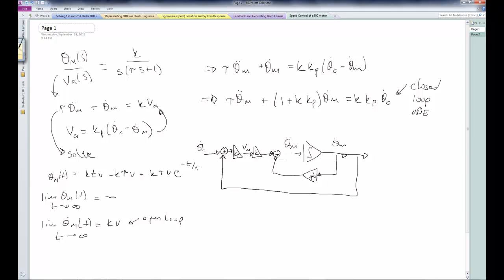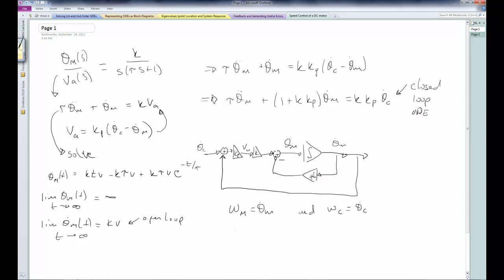And so notice that this differential equation represents this block diagram. So I'm going to go ahead and solve this now with MATLAB, but before I do that, since I'm really not interested in theta m, I'm going to make the substitution that omega m is equal to theta m dot, and omega c is equal to theta c dot.